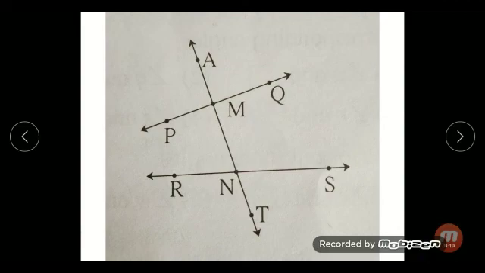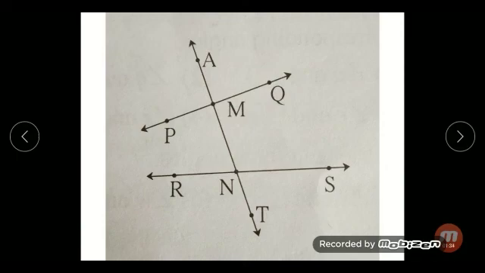Due to the transversal, there are two distinct points of intersection, point M and point N. At each of these points, four angles are formed: 1, 2, 3 and 4. Hence, there are 8 angles in all.